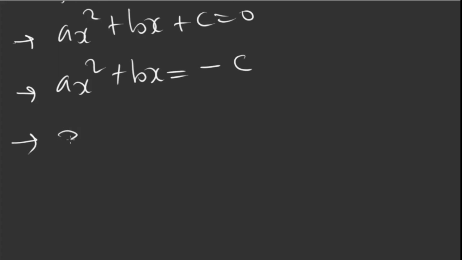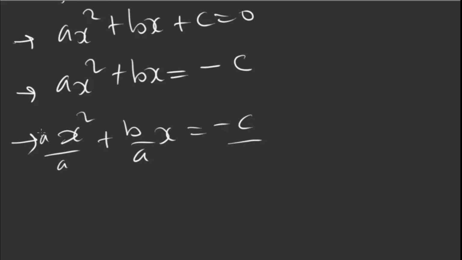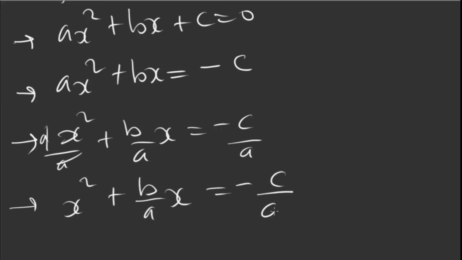So it will be x squared, and this and this will cancel. So what remains is this, where there was a.